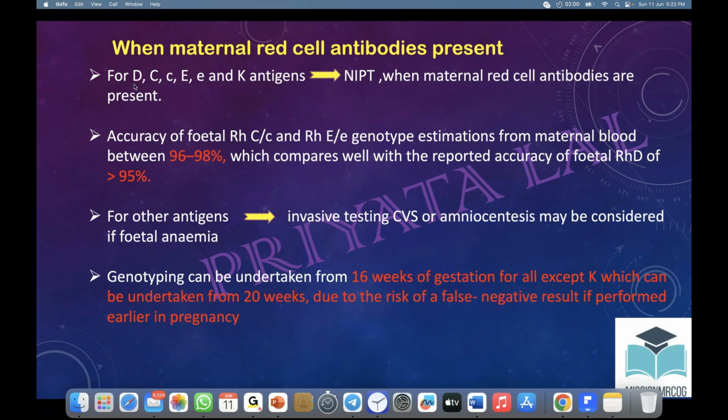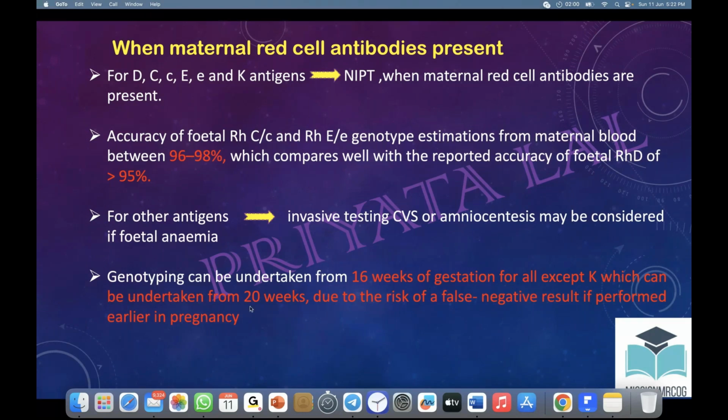Except for K, all other antigens can be detected from NIPT from 16 weeks of gestation onward. Only if the mother has antibody K and we want to know whether the baby has K antigen or not, NIPT has to be done from 20 weeks of pregnancy.